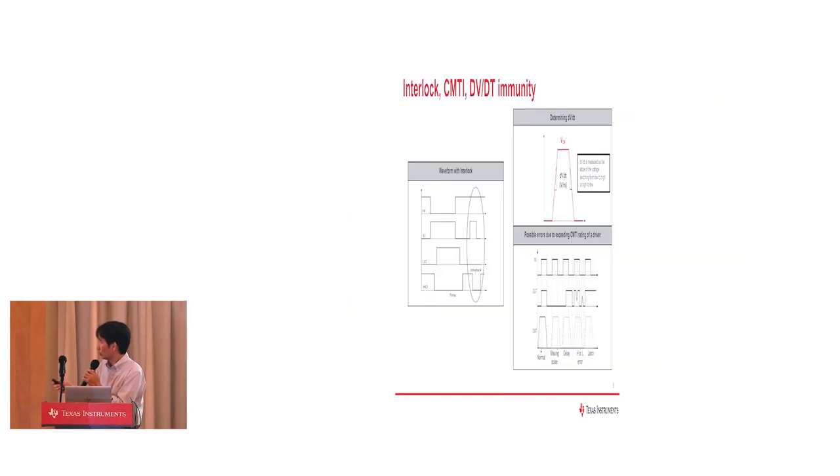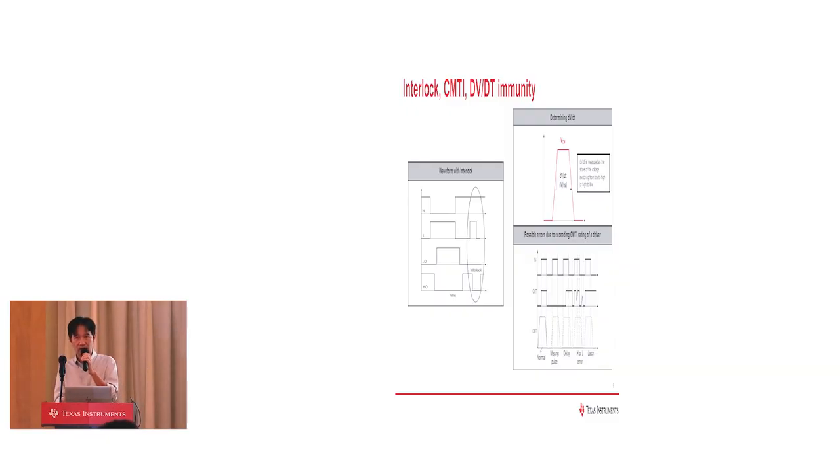Okay, so this is another feature of the gate drivers. Other features we can mention here are the interlock and also the CMTI, dv/dt immunity. Interlock is the feature of the device to make sure that when both input signals are high, the output must be low.